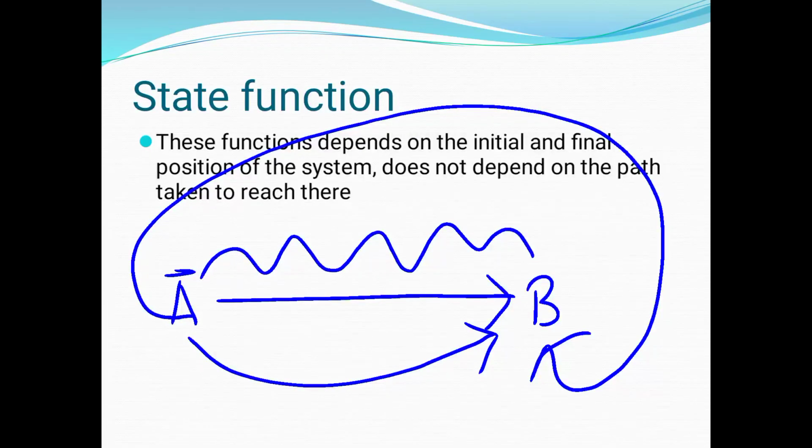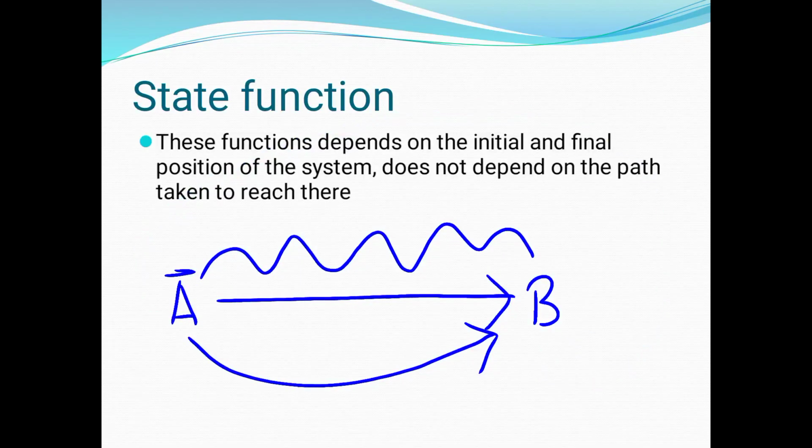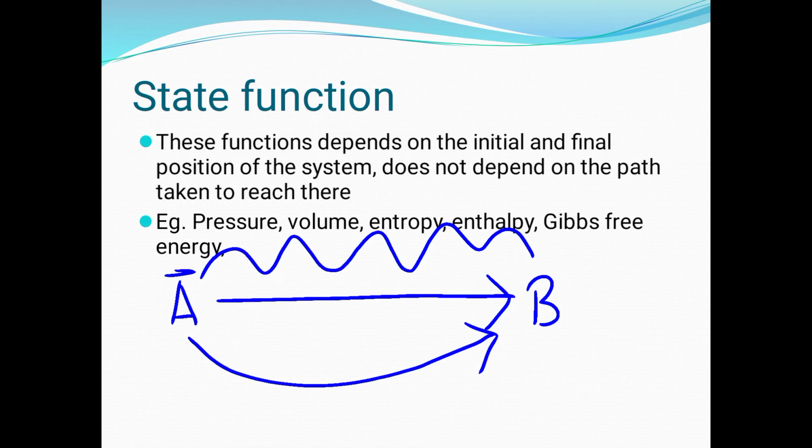But it does not matter for the state function. State function just wants to reach from A to B. It is not bothered which path you take. So that is a state function. It depends only on the initial and the final position. It doesn't depend on the path you take. It just wants the result. Like you have pressure, volume, entropy, enthalpy, Gibbs free energy.